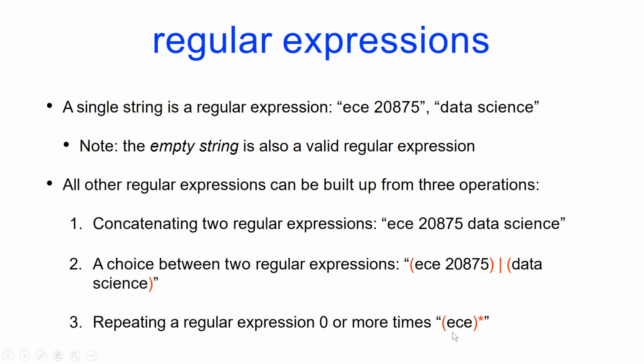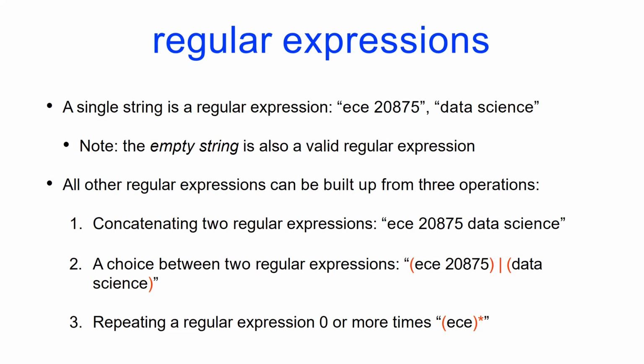But remember, we have a parenthesis here. The parenthesis is to create a group. Later we'll talk about this concept. Without this parenthesis, it is still a valid regular expression, but it means something else. Can you see why?